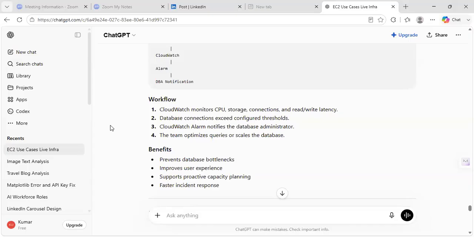In e-commerce, if you take peak time, the same thing happens. DB operations are slow, right? Database connections exceed configured thresholds, and the configuration is there for particular IO connections only. Let us say 1,000 connections are there for the database server.